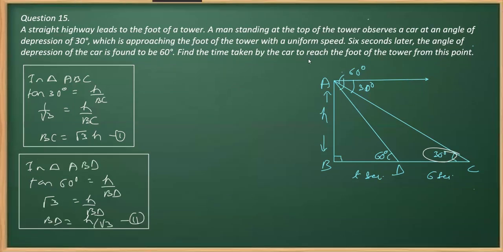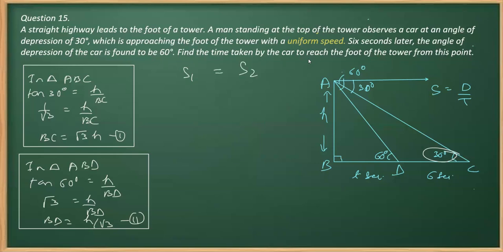Now, next, as you can see here, the car is moving with a uniform speed. That means speed is constant throughout the journey. So we'll find the speed in both cases and equate them. You should know the relation that speed is equal to distance over time. So I'm considering the two speeds as S1 and S2, and they are equal.